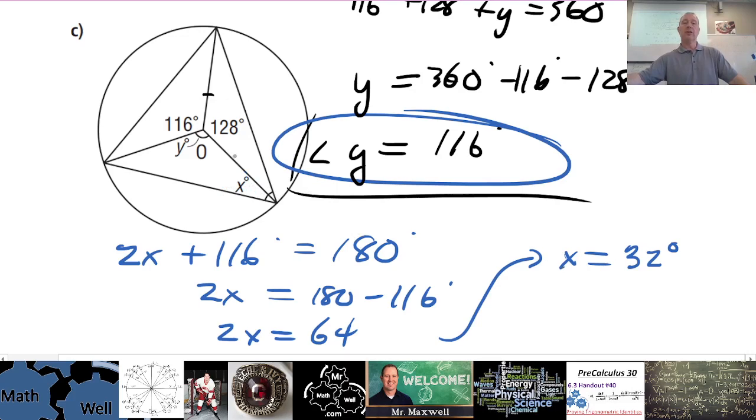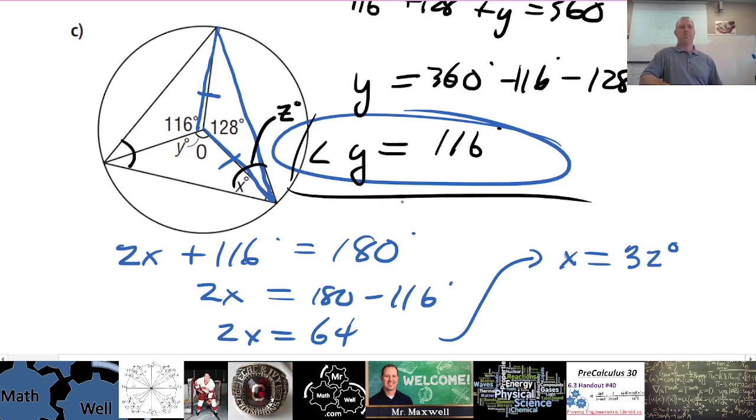Okay, can I consider another triangle? I can do the same thing to this triangle, I suppose, couldn't I? Just add them. So could I find this angle right here? Let's say this is z degrees. Could I find that one? Or is there a way I can find this whole angle at once? What are your thoughts?